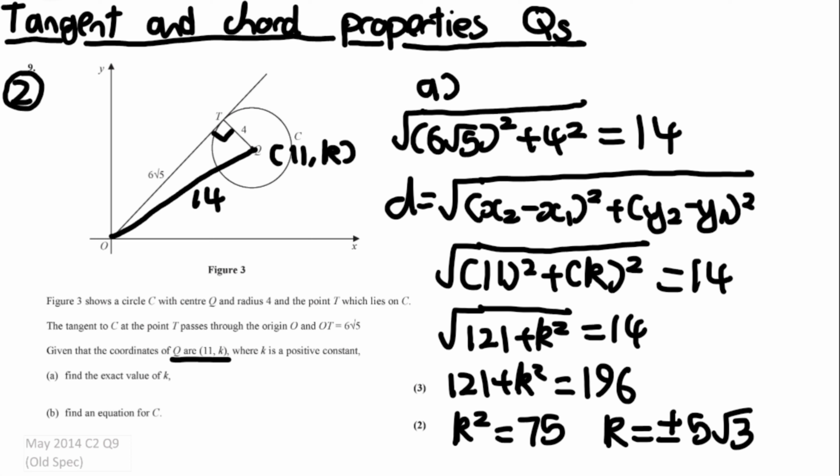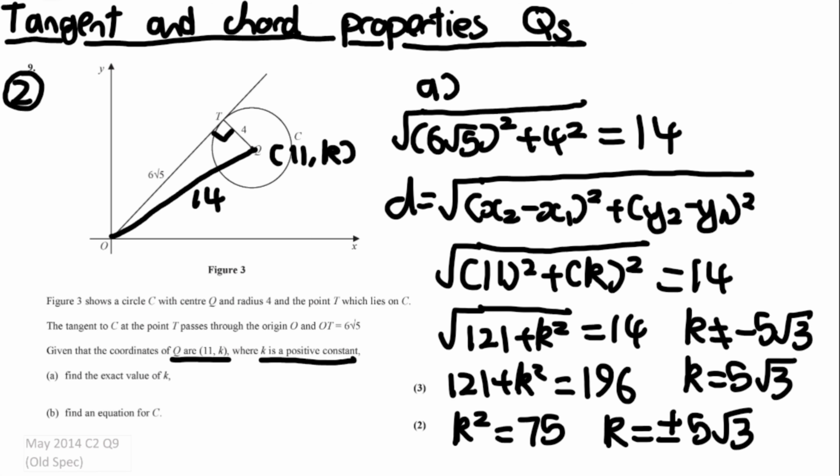However, it says that k is a positive constant, so therefore we know that k cannot be a negative number, so it cannot be minus 5 root 3, so therefore k is equal just to 5 root 3.